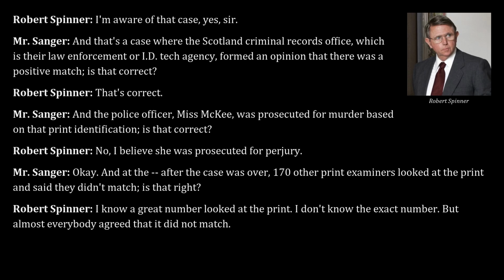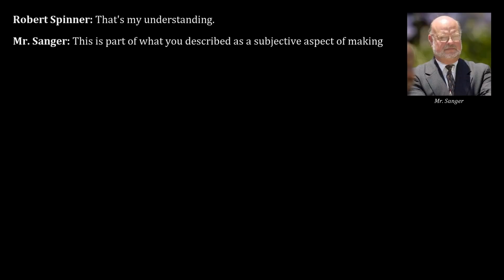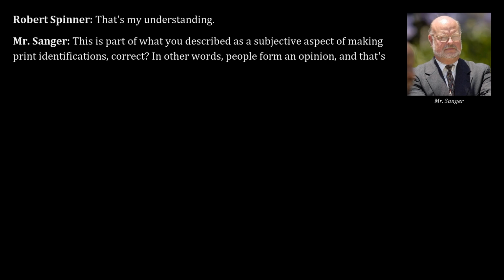But almost everybody agreed that it did not match. Almost everybody in the Scottish Records Office to this day maintains that it's a positive ID, correct? That's my understanding. This is part of what you described as a subjective aspect of making print identifications, correct? In other words, people form an opinion, and that's the basis for a positive identification, correct? Yes.